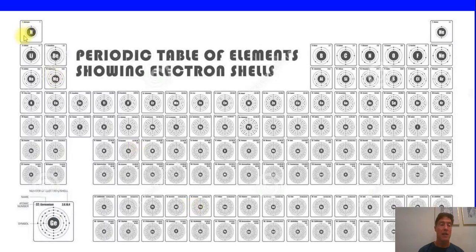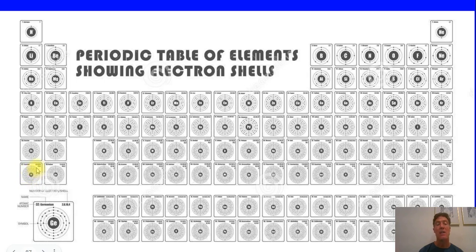So if we look at this, it's showing the electron shells. So this is shell 1. Okay, this is shell 1 and 2. This is shell 1, 2, and 3. Adding shell 4, adding shell 5, adding shell 6, adding shell 7. And as you can see, the more shells you get, the further you get from the pull of the nucleus, and the more interference these interior electrons provide, which is known as nuclear shielding.